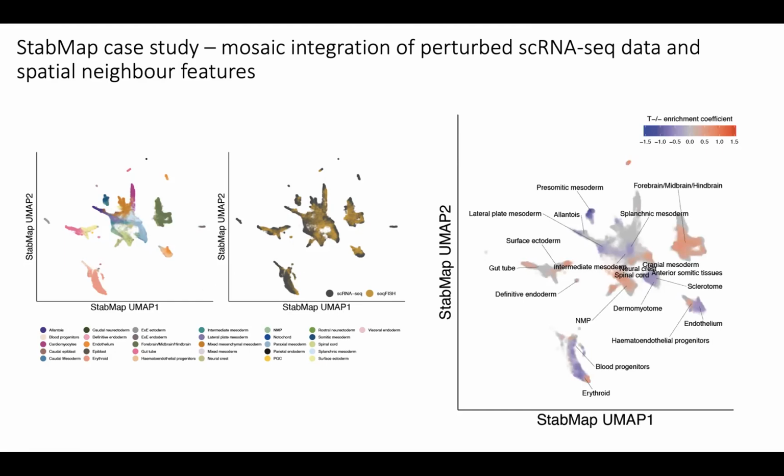And so we could ask within this low dimensional space, if we identify small neighborhoods, what level of imbalance do we see of the wild type versus the mutant cells? And so these are the cell types, and the colors correspond to our enrichment coefficient, right? So we have a bit of a mixture going on across here.